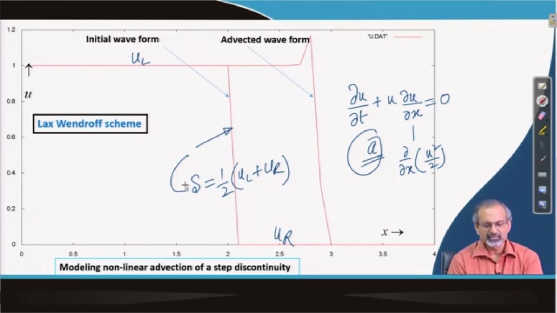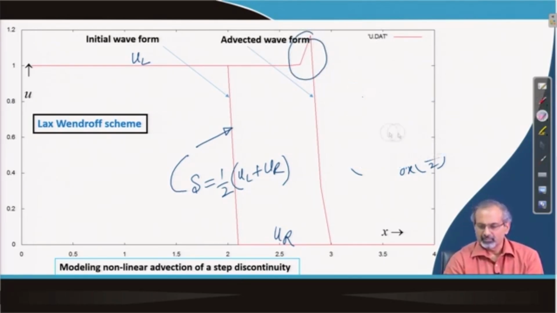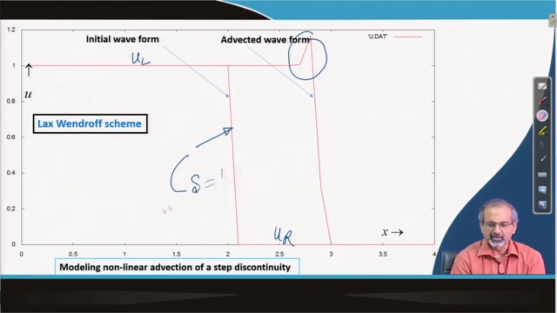And what we have done is we have tried to simulate this situation using the Lax-Wendroff scheme. Now, because the Lax-Wendroff has the dispersion issues, you of course have wiggle formation over here and so on, but you can see that the wave front is moving as time elapses.